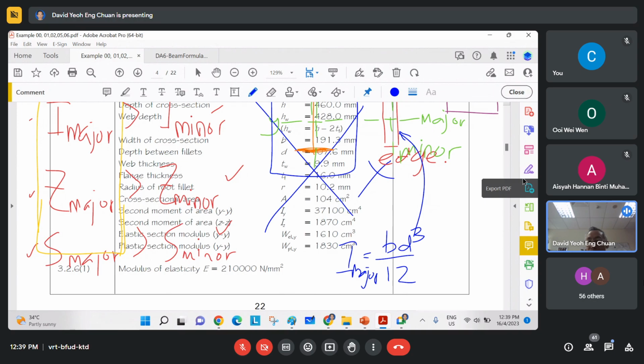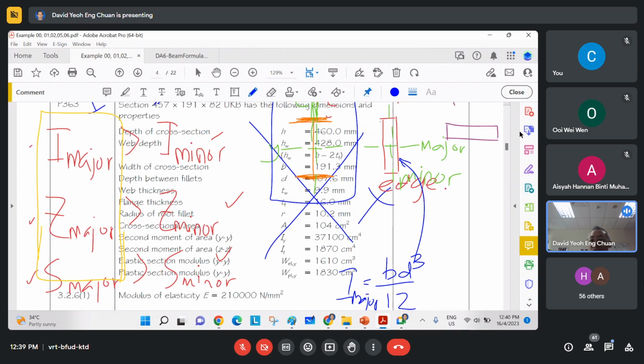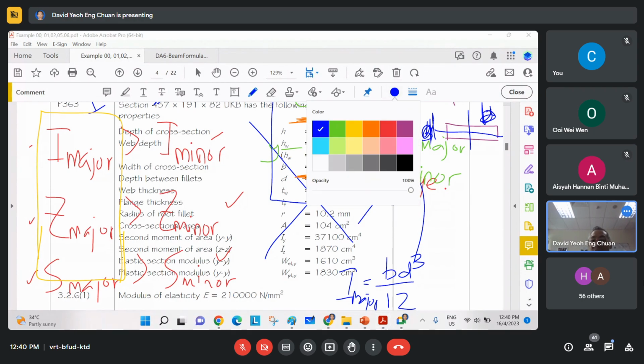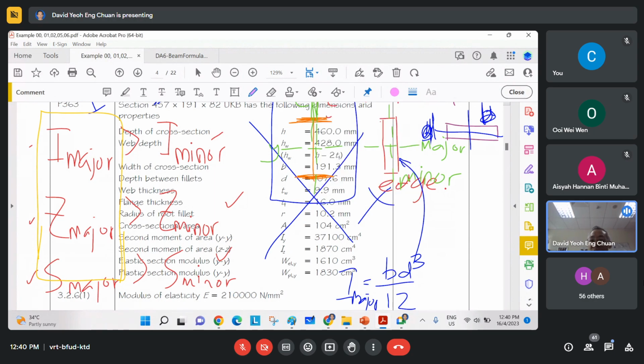But if you want to use it flatwise, then your B is this, and your D is this, and your B is this. So you can easily see mathematically, this I will be B times D power 3 divided by 12.